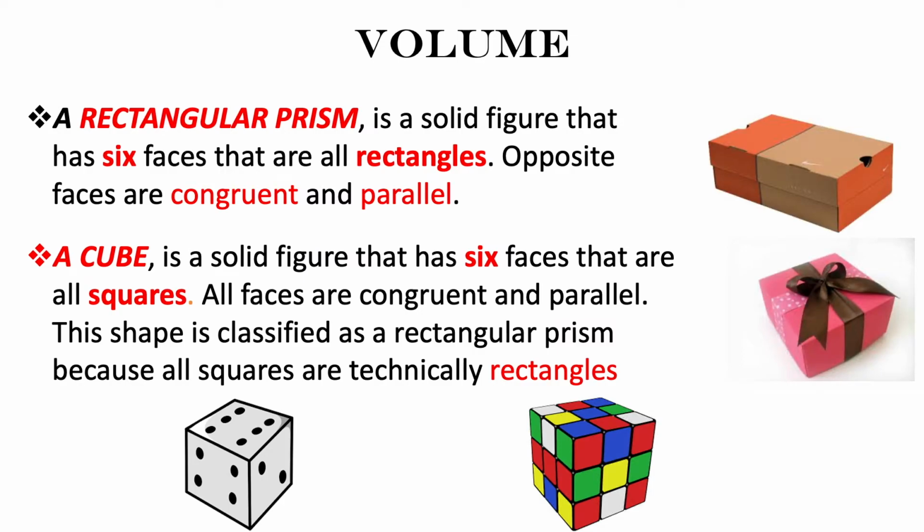So some definitions: a rectangular prism. It is important to know that in this context, it means a solid figure that has 6 faces that are all rectangles, and the opposite faces are congruent and parallel, like this box.